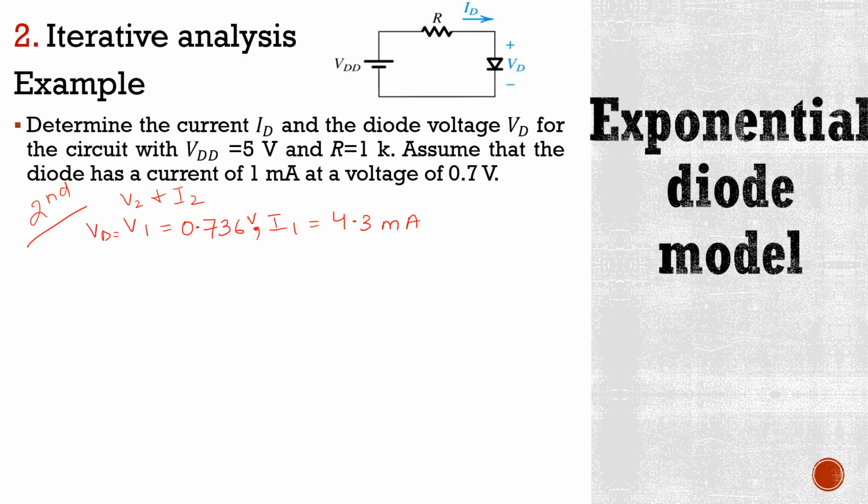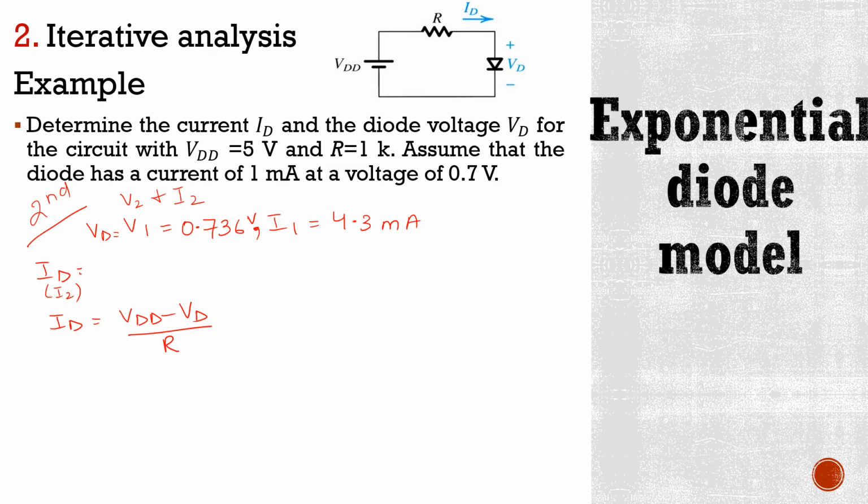Now first we will find ID or I2 by using the KVL equation. ID is equal to VDD minus VD divided by R.